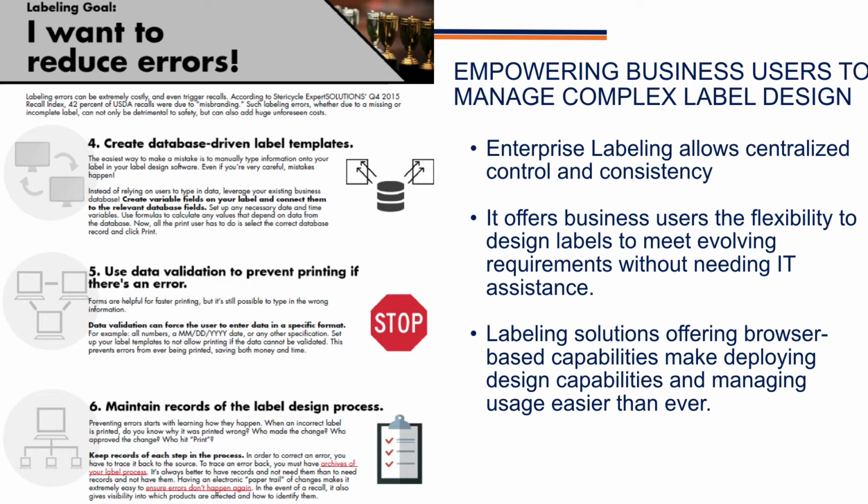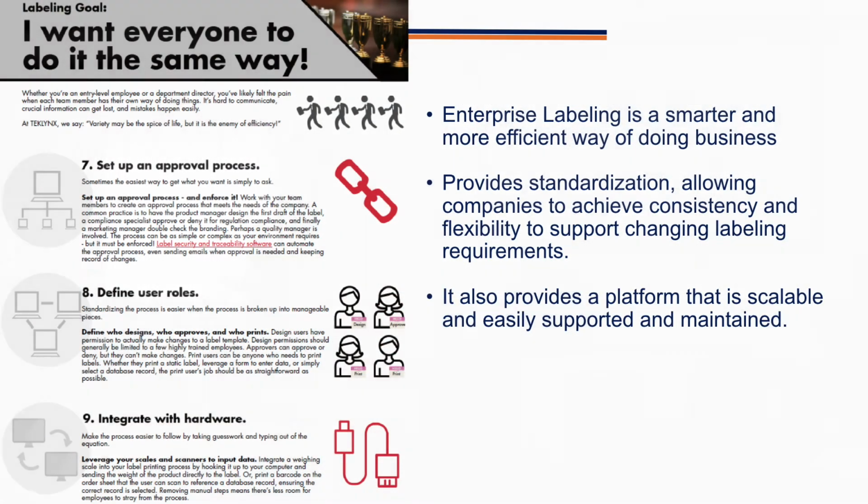I want everyone to do it the same way, like I've been talking about. The guy in California built and designed the software or the format, and the guy in New York can just grab it out of the database and pull that format down, and everything is consistent. So it really impacts the supply chain because if you're getting a variety of different labels to go through the supply chain, it's slowing down the supply chain.